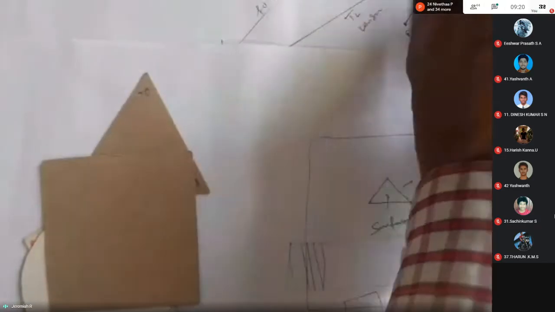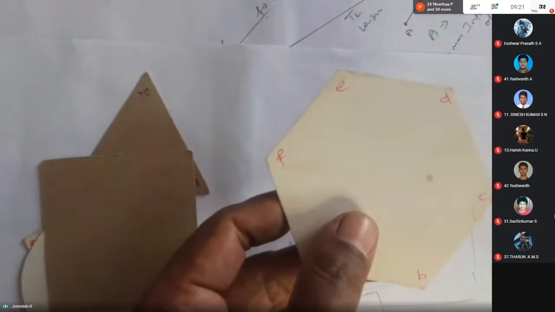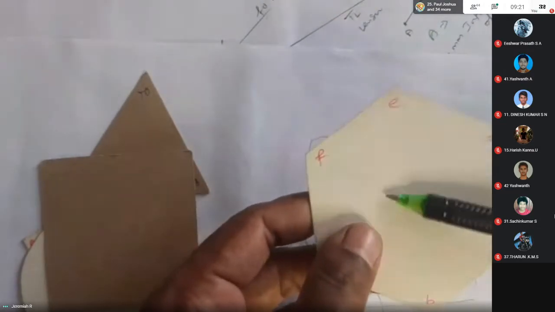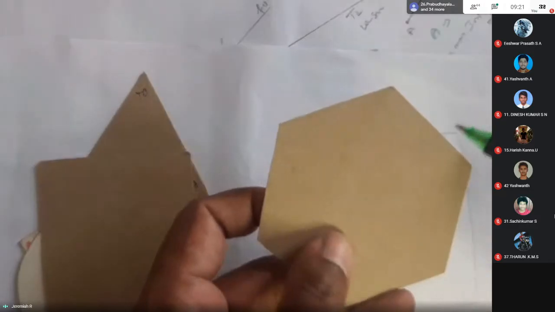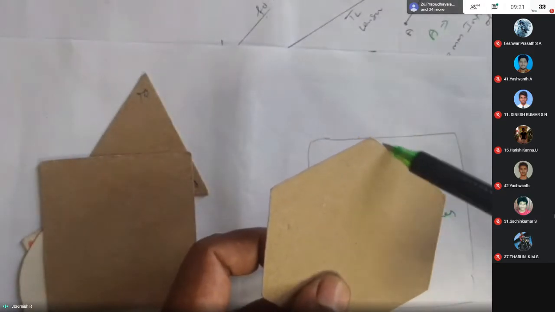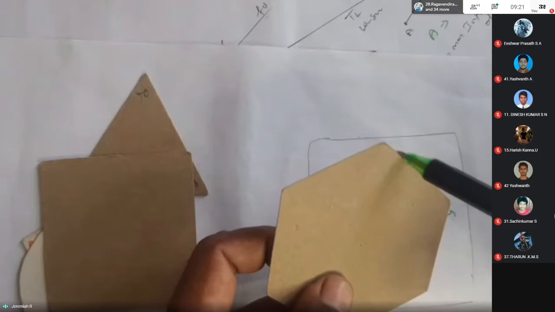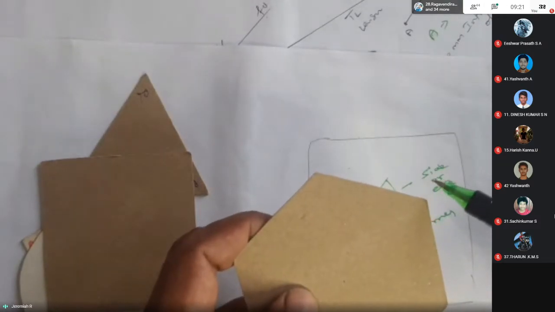But in case of a hexagon, this is called surface. This is called base side or edge, and this one is called base corner.